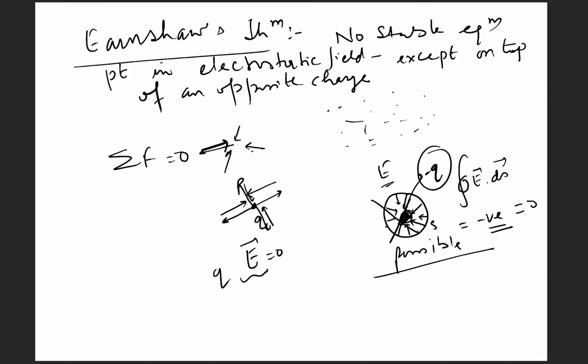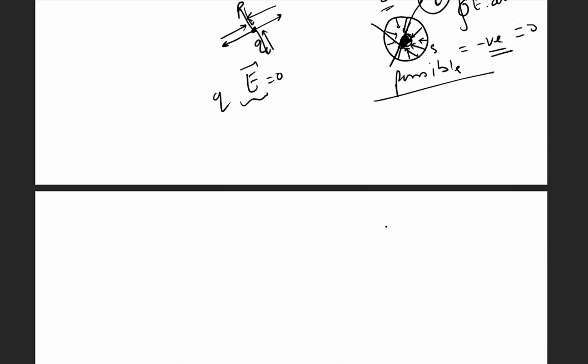Now, although we have proved this just for a point charge, we can prove it for a combination of charges also. Like let us say this charge Q1 and this charge Q2 are connected by a rigid rod. Now we can again find the total force: E1 at Q1 plus E2 at Q2.